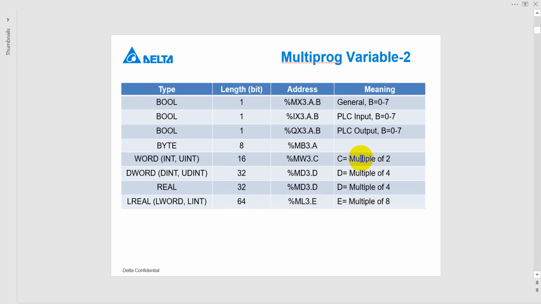You can see for a word we use a multiple of 2, for double word a multiple of 4, and for real, a long word, long integer, we use a multiple of 8.